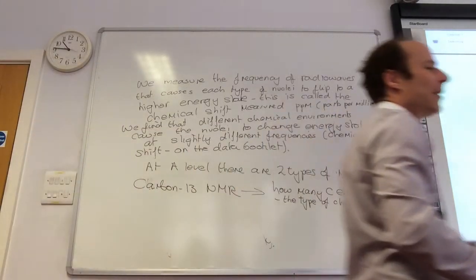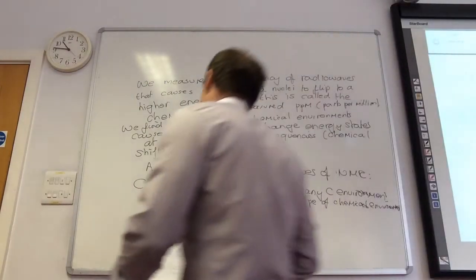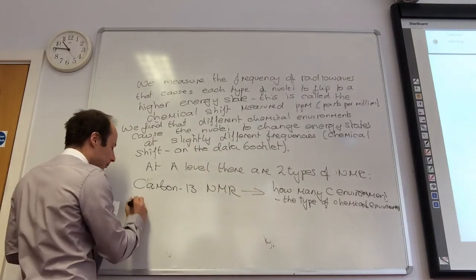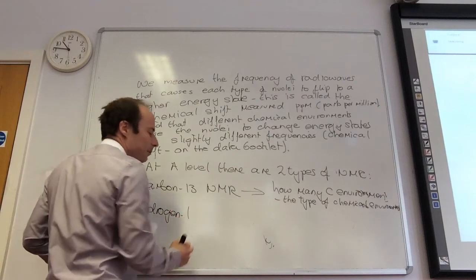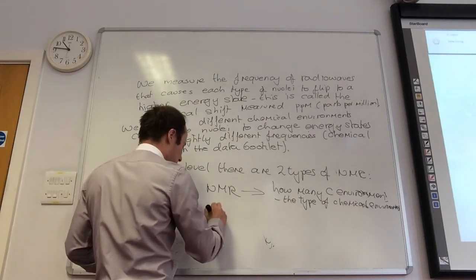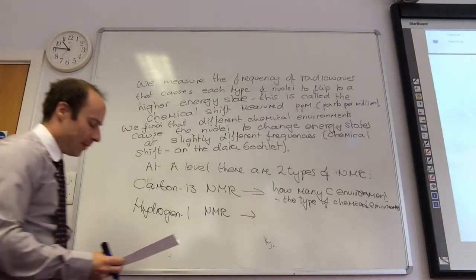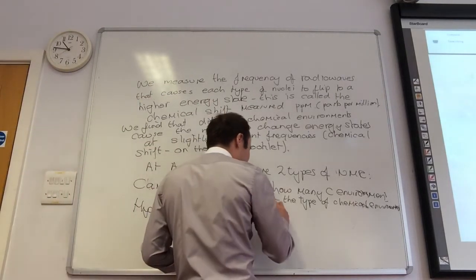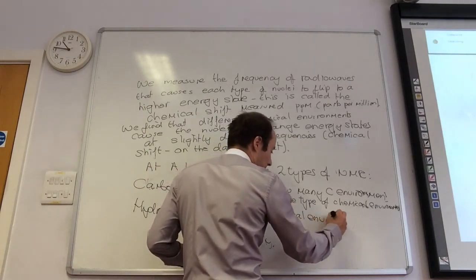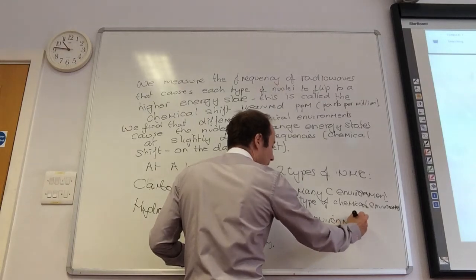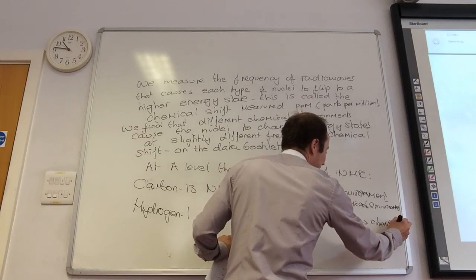However, the powerful one is hydrogen NMR, or proton NMR. Most people call it proton NMR. Hydrogen-1 NMR not only gives you the chemical environment, which we get from the chemical shift.